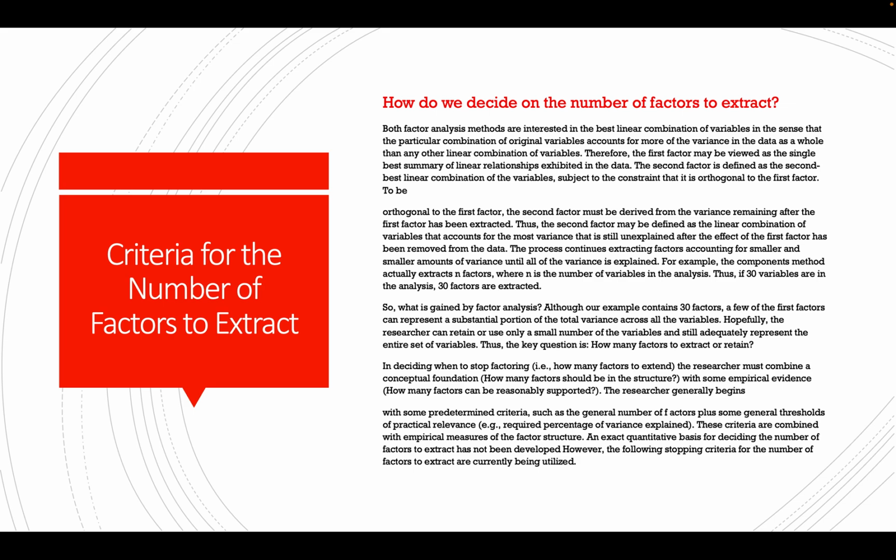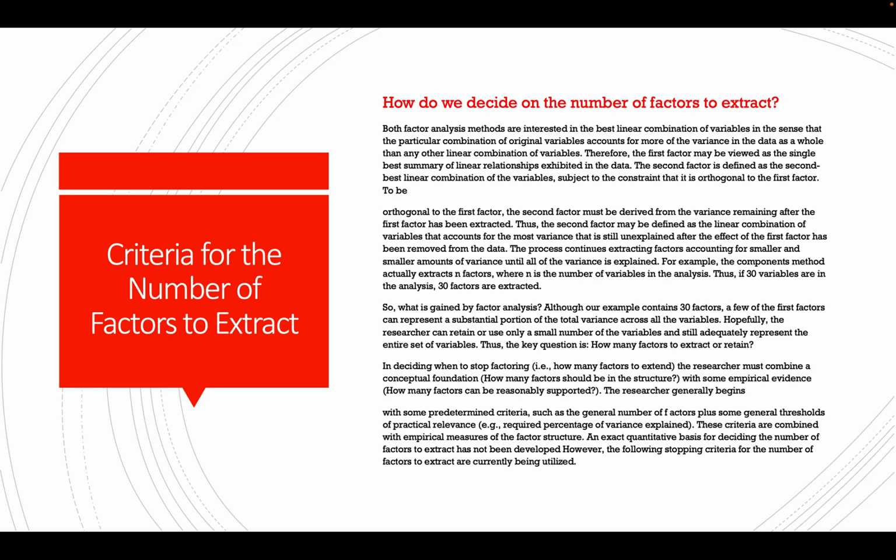Therefore, the first factor may be viewed as the single best summary of linear relationships exhibited in the data. The second factor is defined as the second best linear combination of variables, subject to the constraint that it is orthogonal to the first factor.